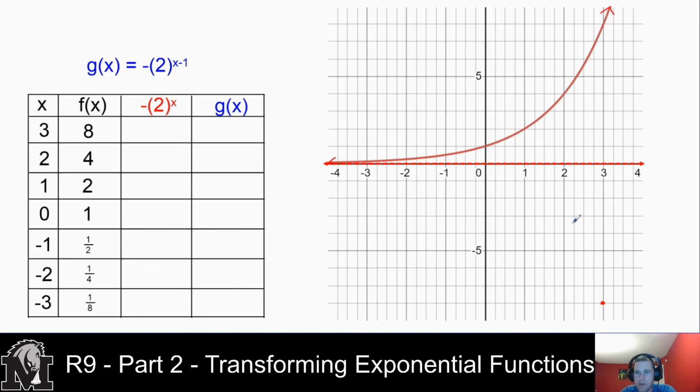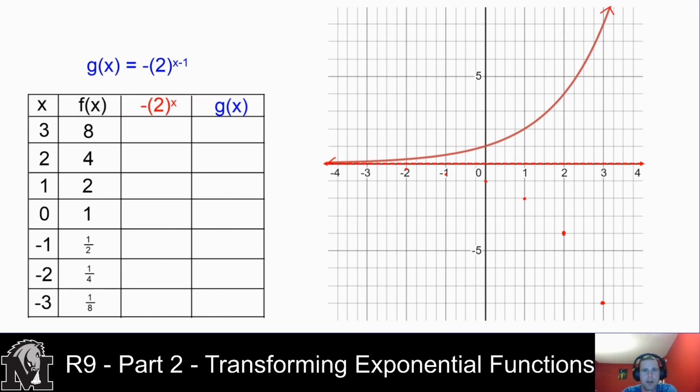Here's 4, goes down to -4. That looks like a 2, so it goes to -2. 1 goes to -1. 1/2, -1/2. 1/4, -1/4, and that's about as precise as I care to try to get. And the horizontal asymptote doesn't change because it is on the x-axis.